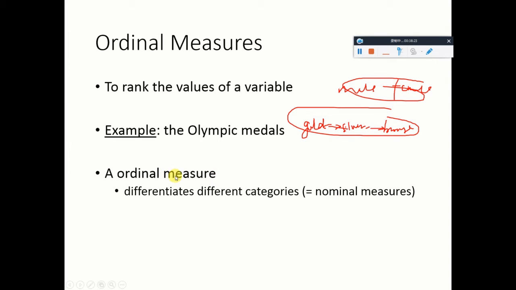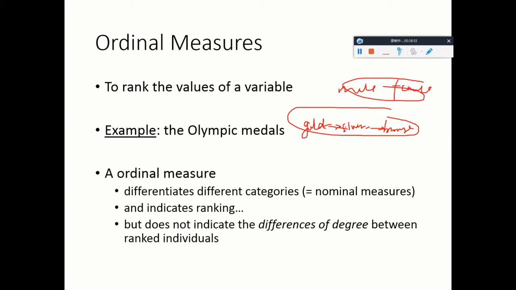An ordinal measure can do the same thing, distinguishing between different groups of sportsmen or sportswomen. But at the same time, an ordinal measure can do something that a nominal measure cannot do, and that is to indicate ranking. We can meaningfully say that silver is better than bronze, and bronze is not as good as the gold medal winner.